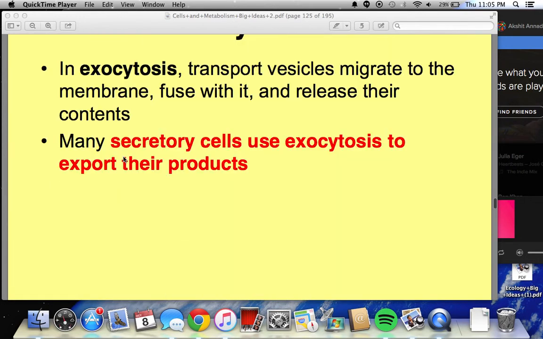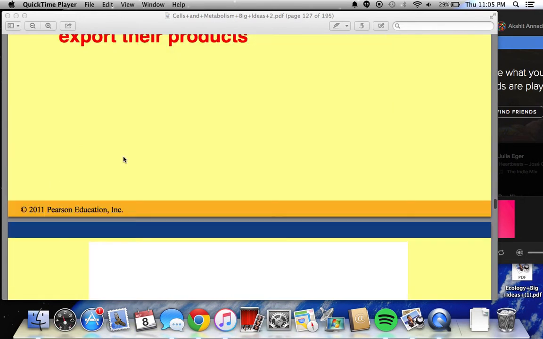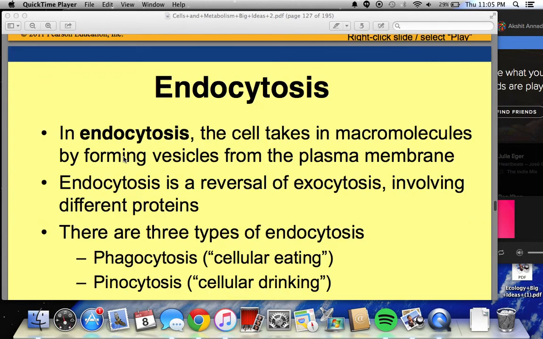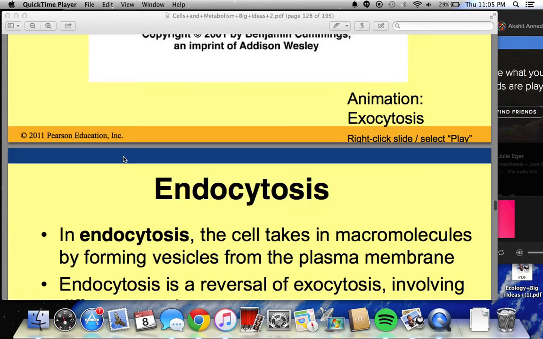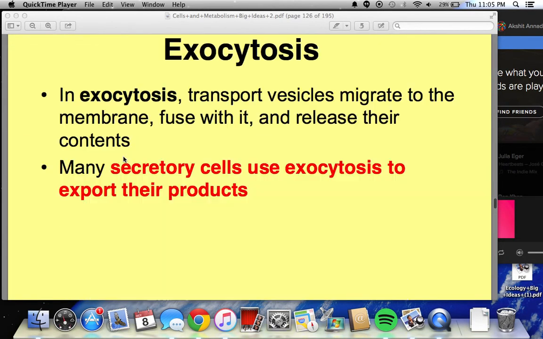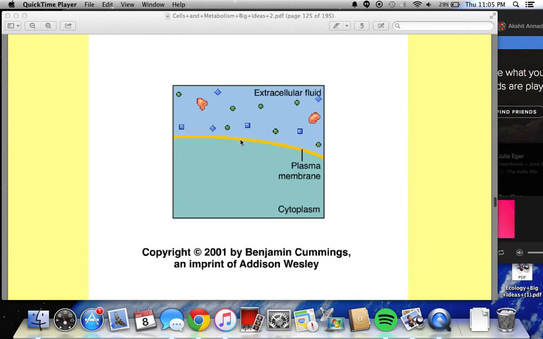And since there's no great picture of this, I'm just going to explain it to you using this picture. So basically, this plasma membrane forms a little bubble around whatever you're transporting, and the bubble goes in or out. And so it's not passing through the plasma membrane, it's passing in the plasma membrane.